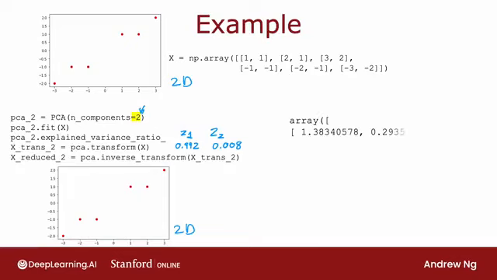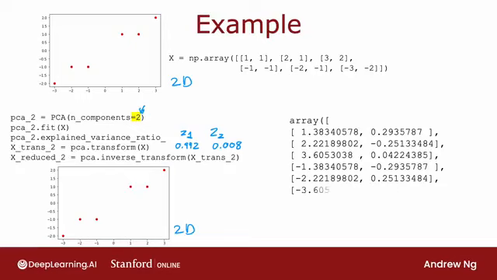And if you were to transform or project the data onto the Z1 and Z2 axes, this is what you get. Now, the first training example is mapped to these two numbers corresponding to its projection onto Z1 and Z2. And the second example, which was this, projected onto Z1 and Z2, becomes these two numbers.